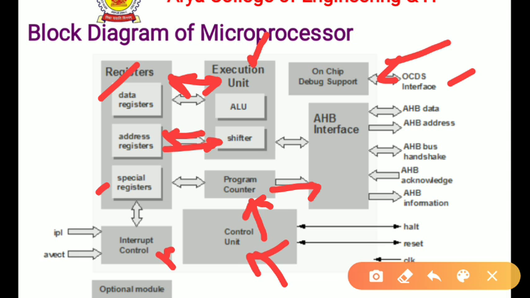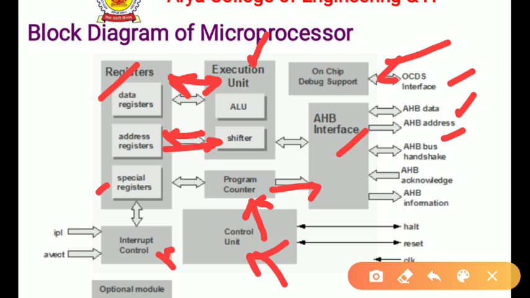So what is AHB? AHB is the advanced high performance bus, used for components which have high bandwidth and have to be connected with the microprocessor. Then we have the AHB interface, in which the AHB data is bidirectional: we can receive data from the component and send data from the AHB interface.